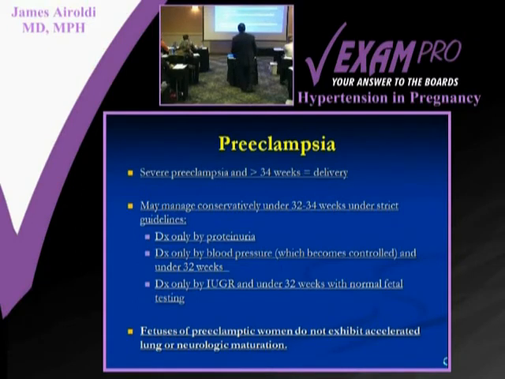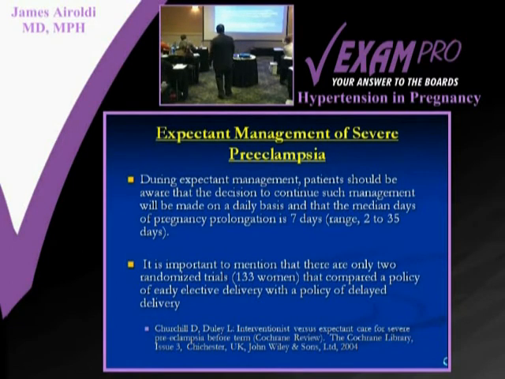And again, I'm very cautious to say that babies that are stressed out and have IUGR have accelerated lung maturity, because I think those studies are very conflicting. So I treat them just like anybody else, and we're going to give steroids to accelerate fetal lung maturity at the first hint that I'm worried about this mom. Well, we're worried about mom and baby, so we're going to accelerate lungs.